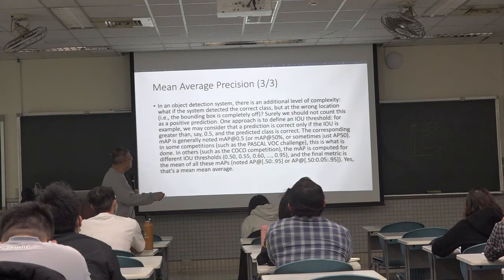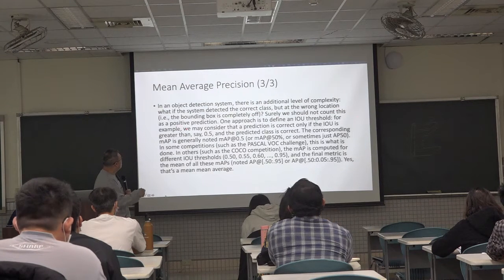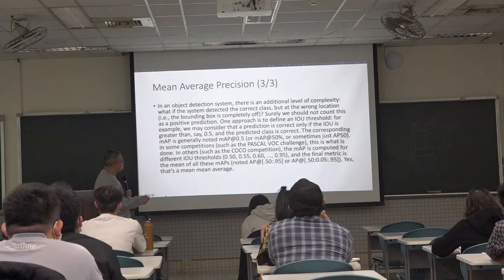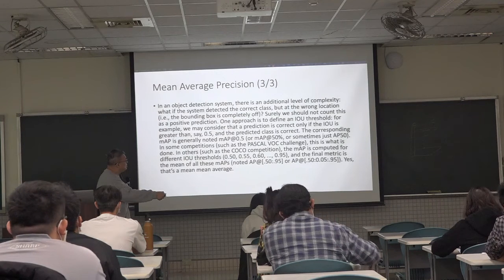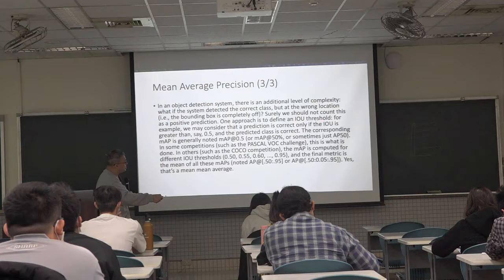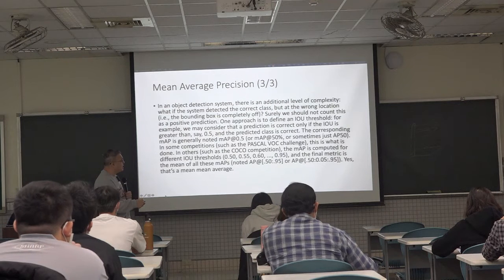we probably shouldn't say that's a correct object detection. In that case, we should not count this as a positive prediction. So one approach is to define an IOU threshold. We already talked about what IOU is. It's a value between 0 and 1. We can define an IOU threshold. For example, we may consider that a prediction is correct only if IOU is greater than, for example, 0.5, and the predicted class is correct.